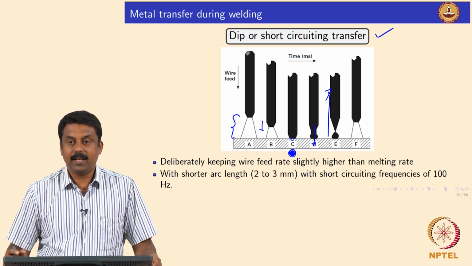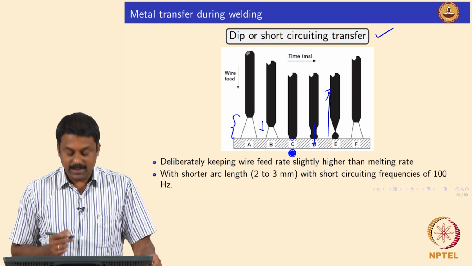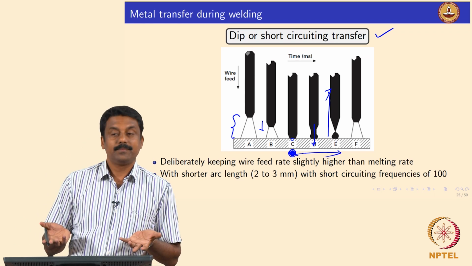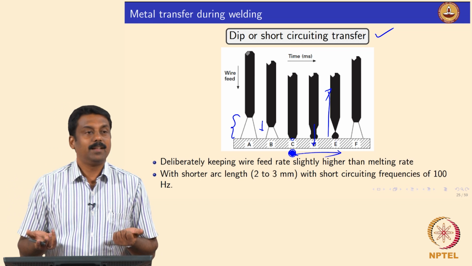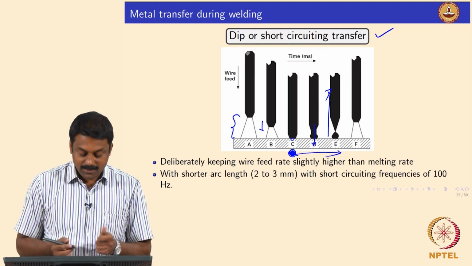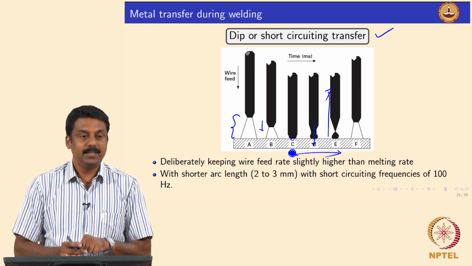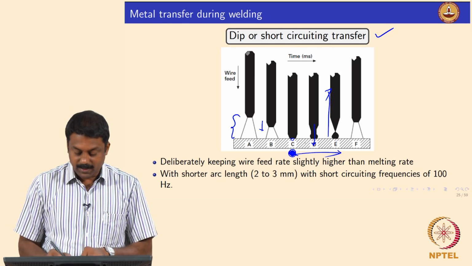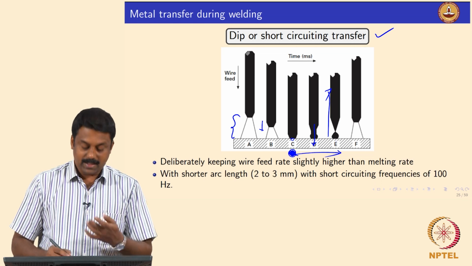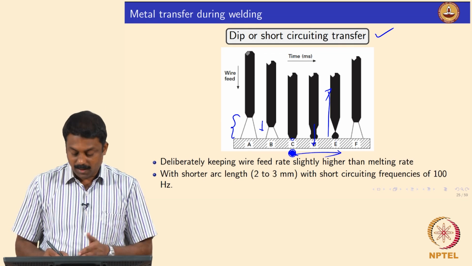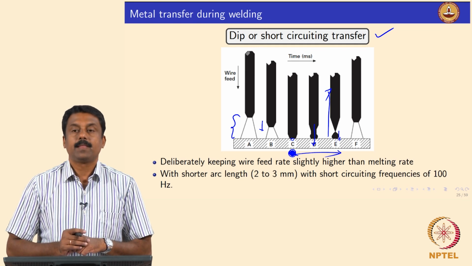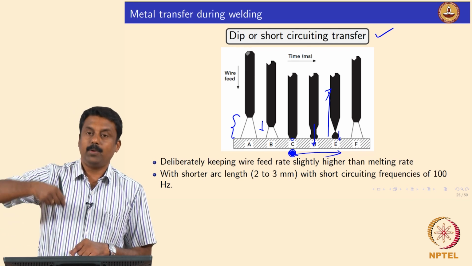Yes, it is clear. And in this process, the advantage is that during these 3 steps the arc is not there, is not it. The moment the short circuiting happens, the arc is gone, okay. And then you can dip the filler. Either the filler can melt before the short circuiting or it can melt during short circuiting, and then you can transfer the droplet by retracting the wire back.